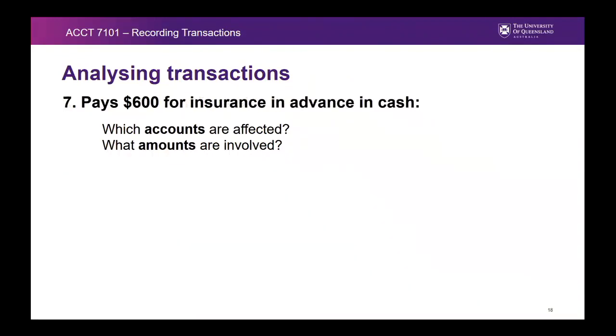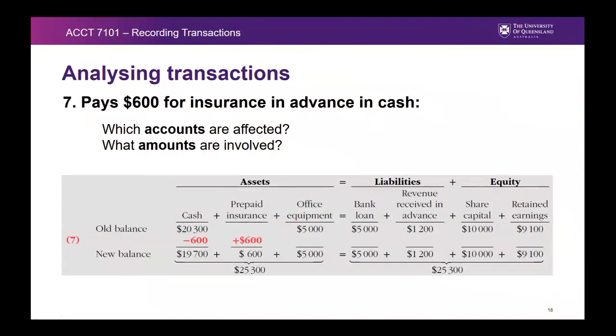We pay $600 for insurance in advance in cash. Okay, so we've got the keywords here, in advance. In this case, we're paying for insurance in advance. So what we've done here is we've acquired a prepayment.